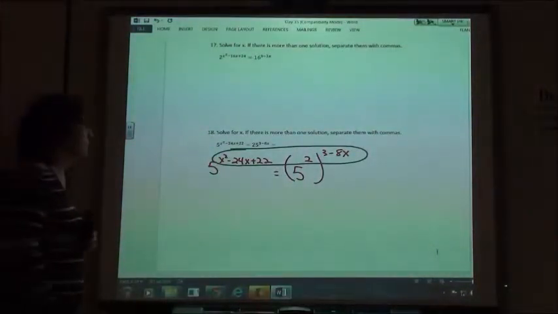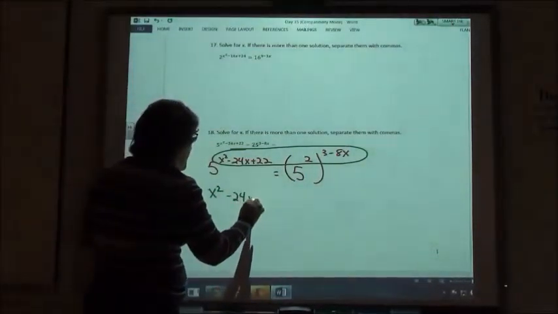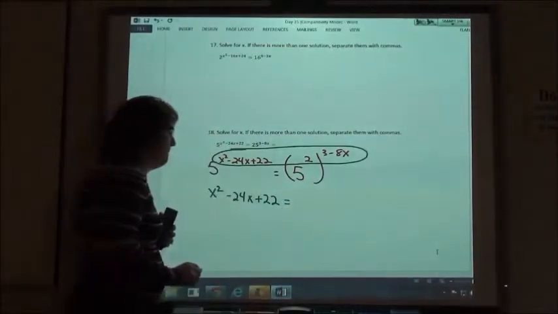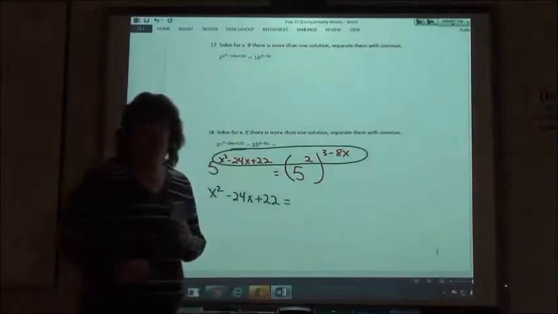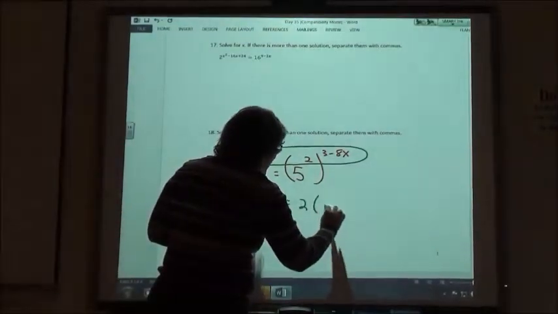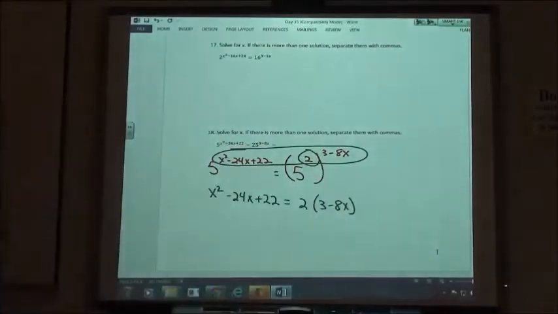We're going to have x squared minus 24x plus 22 equals 3 minus 8x. You left something off again. Oh, 2 times 3 minus 8x. All right, we got that 2 there because we wrote 5 squared.